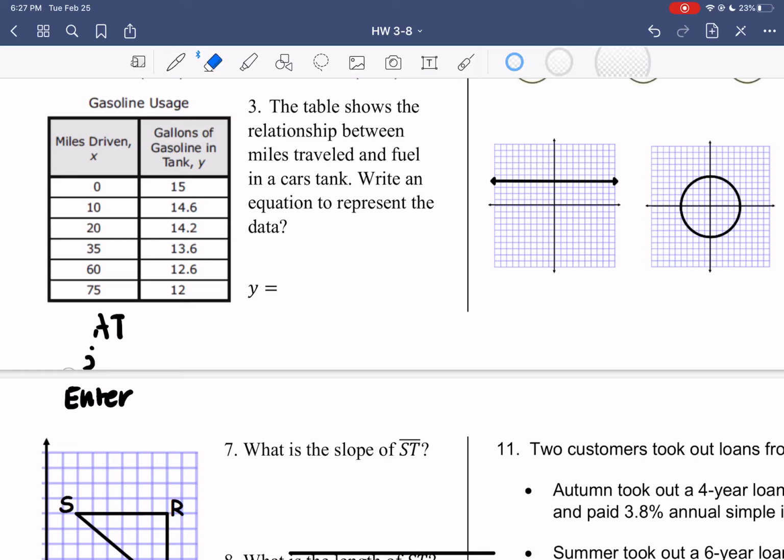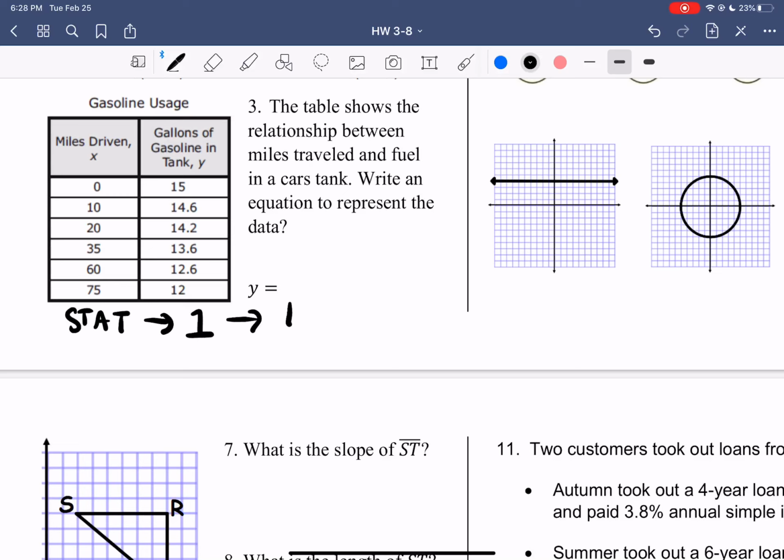And then after you make sure you have L1 and L2, to get L1 you push stat, and then the number 1, and then you'll get L1 and L2, and you'll enter your numbers.